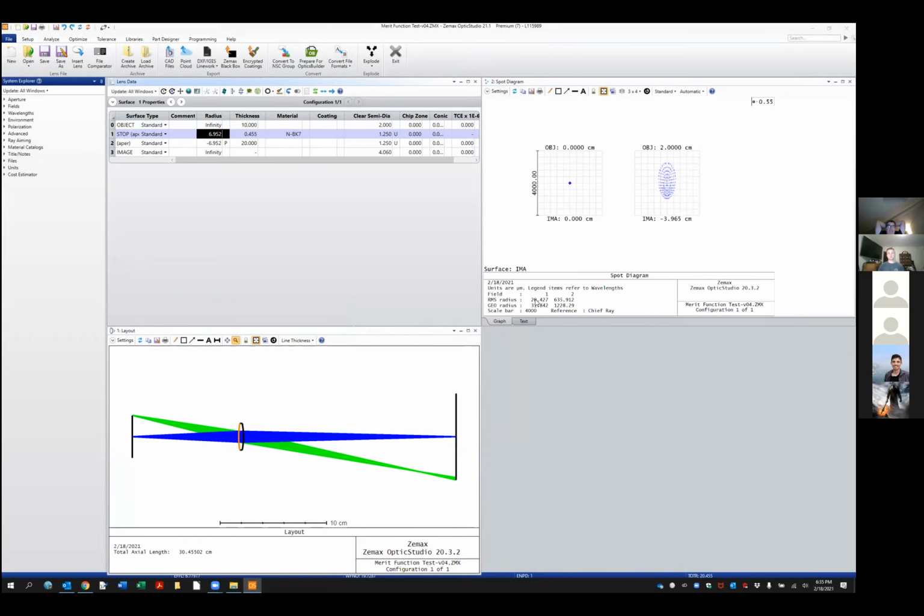Now, if we have spherical aberration, what should happen to the spot size when I double the aperture? What should the spot size get multiplied by if it's spherical aberration?